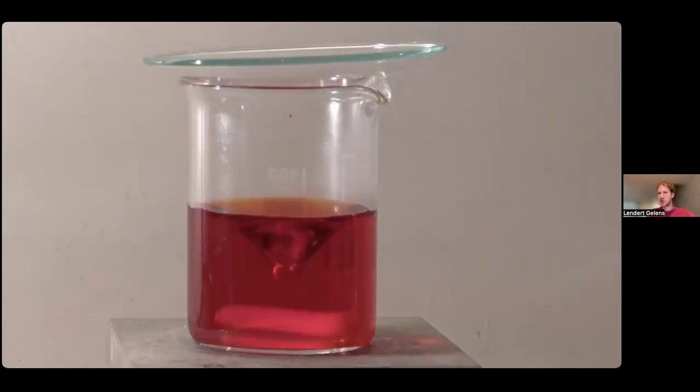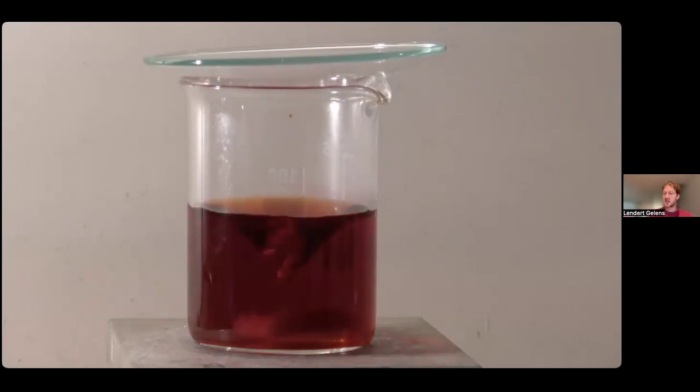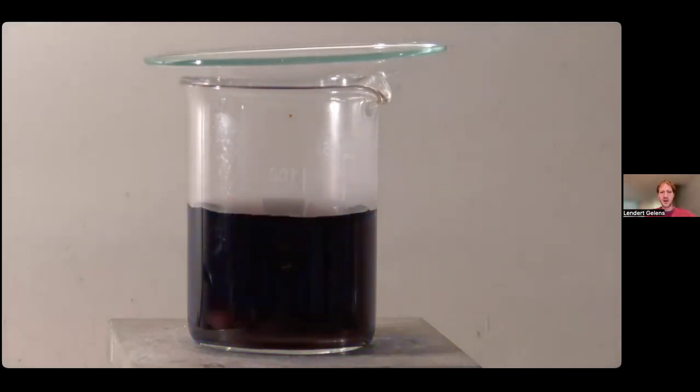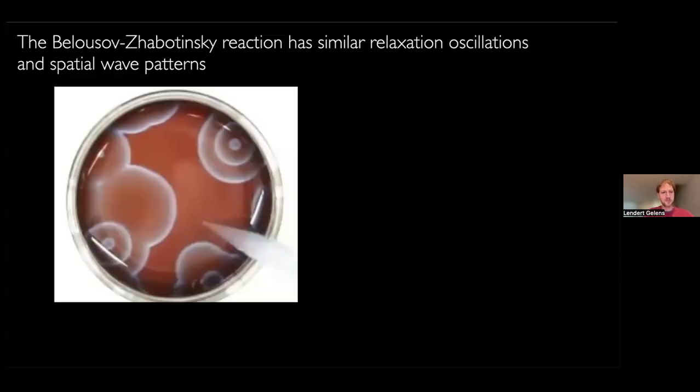It's a chemical solution that spontaneously oscillates and changes color periodically as the concentrations of key species rise and fall. There are no cells, no biology, it's just chemistry. And we can measure that with high precision over many periods.